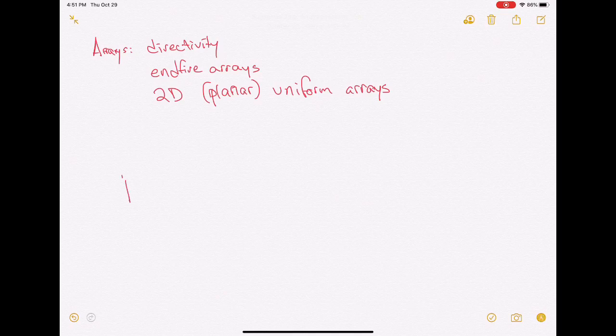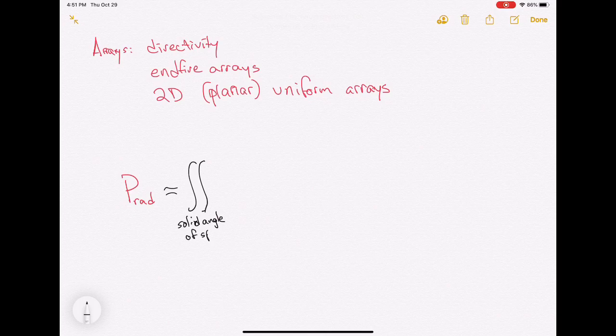And that's because you have to evaluate this radiation integral, where you're integrating over the solid angle of a sphere, sine of nkd over 2 cosine theta, again assuming that the array is along the z direction, divided by sine of kd over 2 cosine theta.